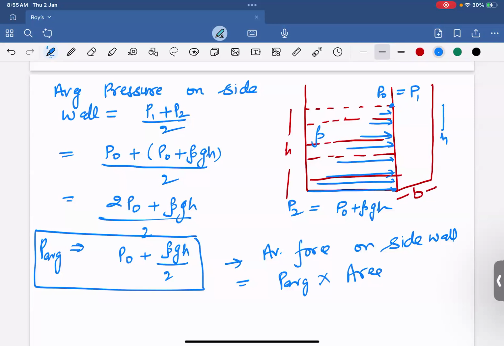So the average force is P naught plus rho GH by 2 multiplied by the area B into H. Now this I have found is absolute pressure. That is, atmospheric pressure is also considered.